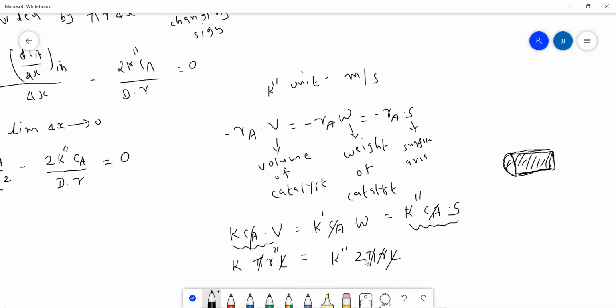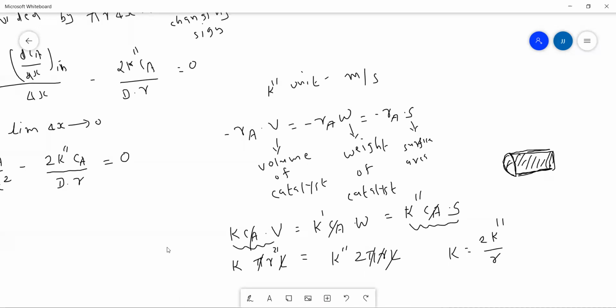So we may write K is equal to 2 K double dash divided by R. So this is the rate constant now based upon the unit volume of catalyst.